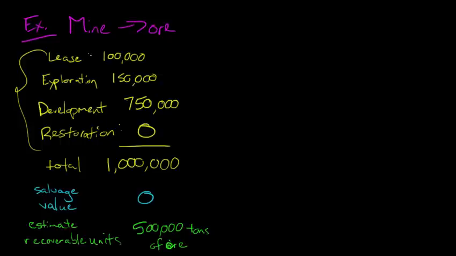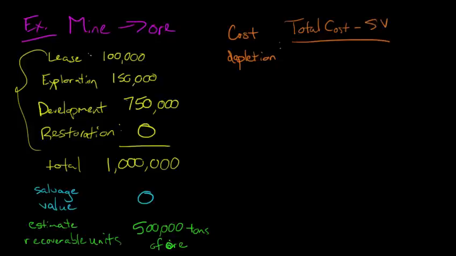So now what do we do? Well, we've got this nice formula for calculating depletion. So here's our cost depletion, which is the method we're going to be using. Cost depletion is the total cost minus any salvage value, divided by the total estimated recoverable units.